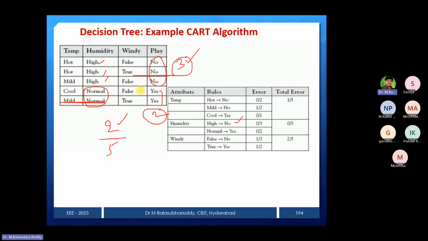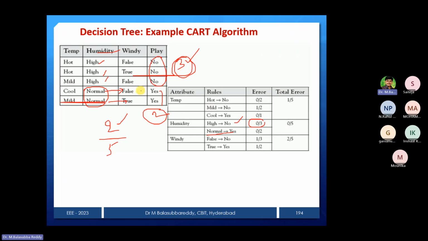We'll get it as no, meaning 3 predicted correctly in the humidity case. High is no, if I take, 3 predicted correctly, and that is the reason. And there is only one is no. If we take, then the error, incorrectly, is 0. So that's why 0 by 3 we will get. Another one is humidity is normal. So you can see that humidity normal is false, you will get one prediction correctly and one prediction incorrectly.